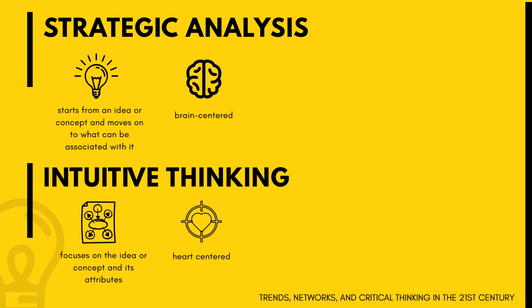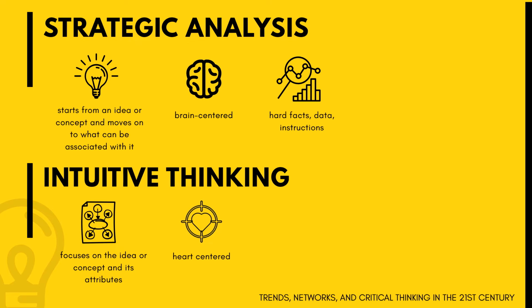Okay? So in strategic analysis, we are having critical analysis before coming up with a particular decision. So just like the previous discussion, I have already discussed that we have 5 stages before coming up with a good decision, and that's how strategic analysis works. It is brain-centered. While intuitive thinking, it is more of the emotions, our gut feelings. That's why it is heart-centered.